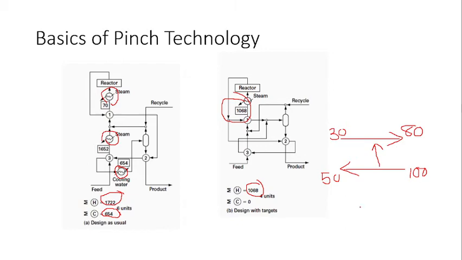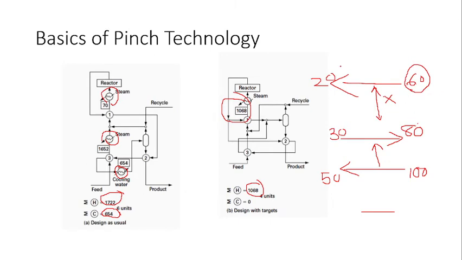But imagine a scenario that I have another stream, say for example here, which runs from 60 to say 20. So this is getting cooled and this is getting heated. Can I exchange energy between these two? No, this is not possible. The reason being, this temperature is much lower compared to this.